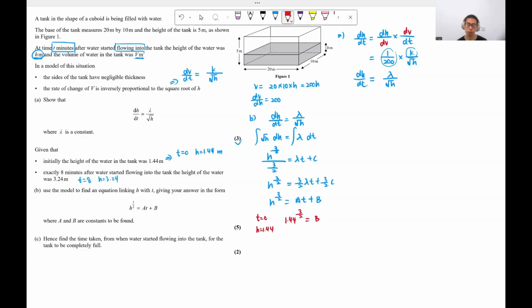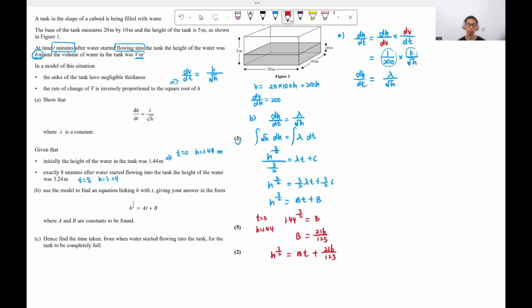Putting that in the calculator, 1.44 to the power 3 over 2 is 216 over 125. So we have h to the power 3 over 2 equals At plus 216 over 125.